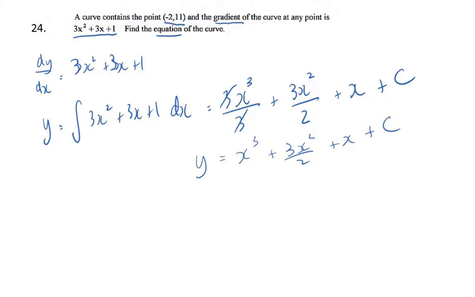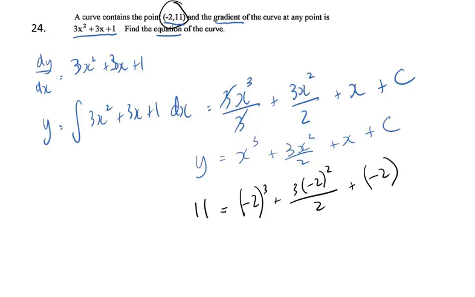And we've been given these points here, -2 and 11 lie on this curve. So we set our y equal to 11 and our x is -2: -2 cubed plus 3 times -2 squared on 2 plus -2 plus our constant c.